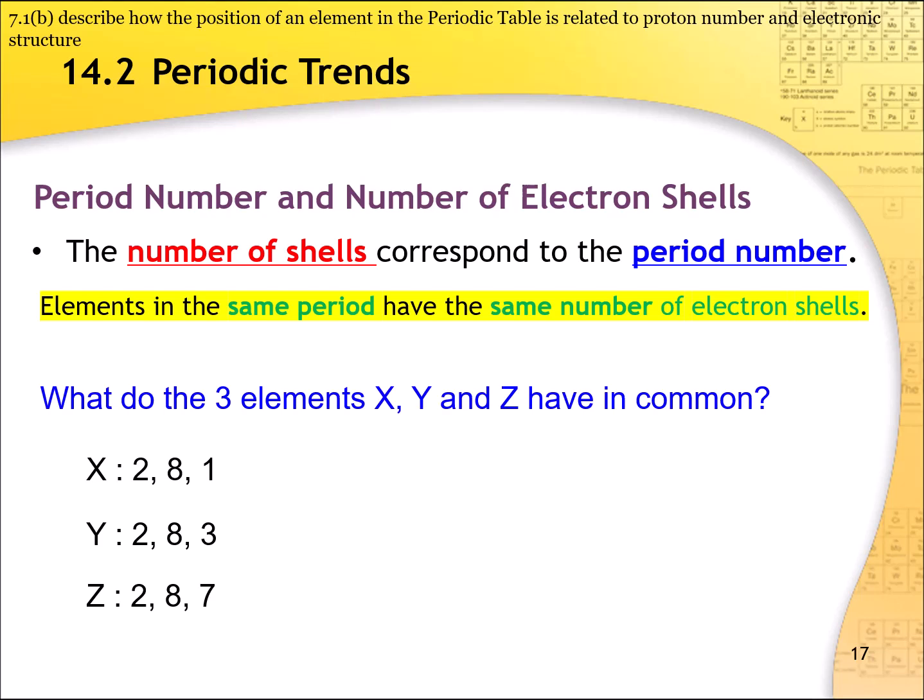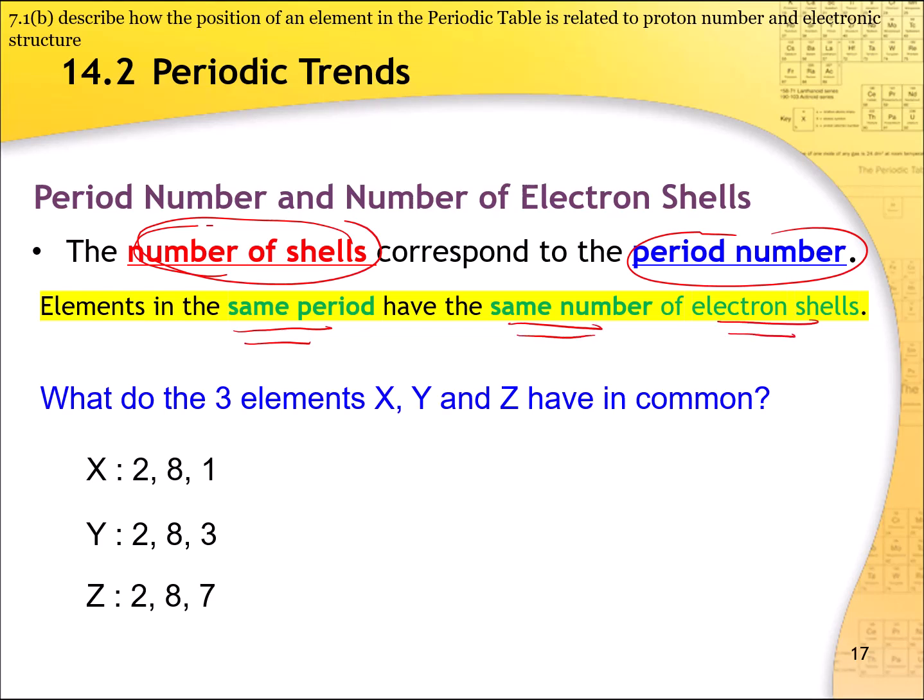Okay, to sum up what we've learned so far: the number of shells corresponds to the period number. So take note, elements in the same period must have the same number of electron shells. So let's do a quick test. What do the 3 elements X, Y, Z have in common?